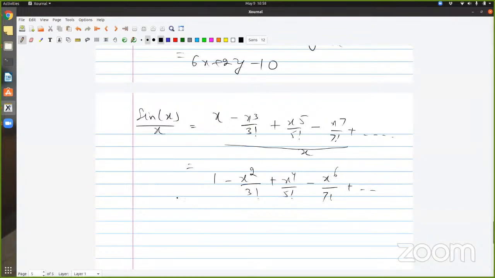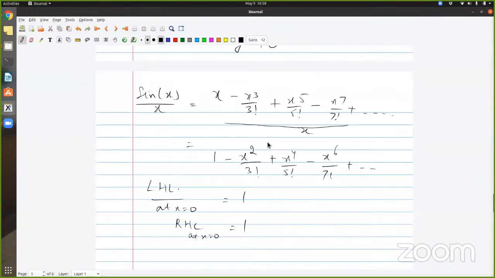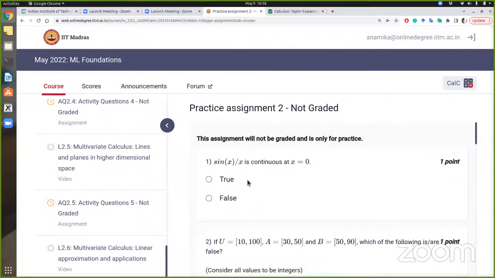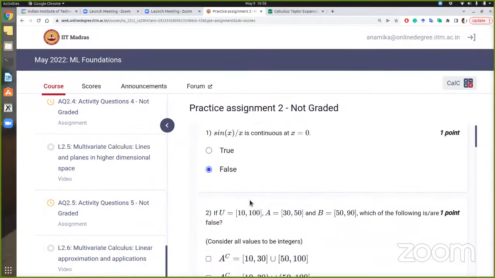Now, if you compute the left hand limit at x is equal to 0, that will be 1. The right hand limit at x is equal to 0 will also be 1. So left hand and right hand limits are same, that is fine. However, the function's value at x is equal to 0 is undefined, division by 0. So this function is not continuous.